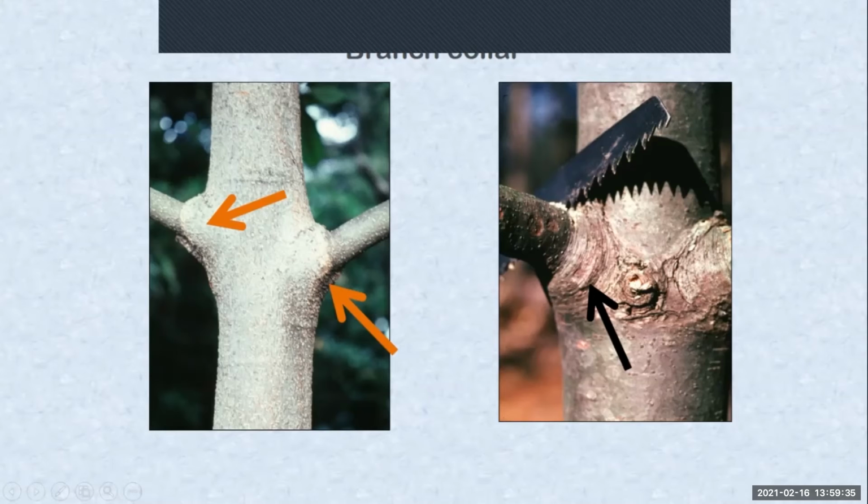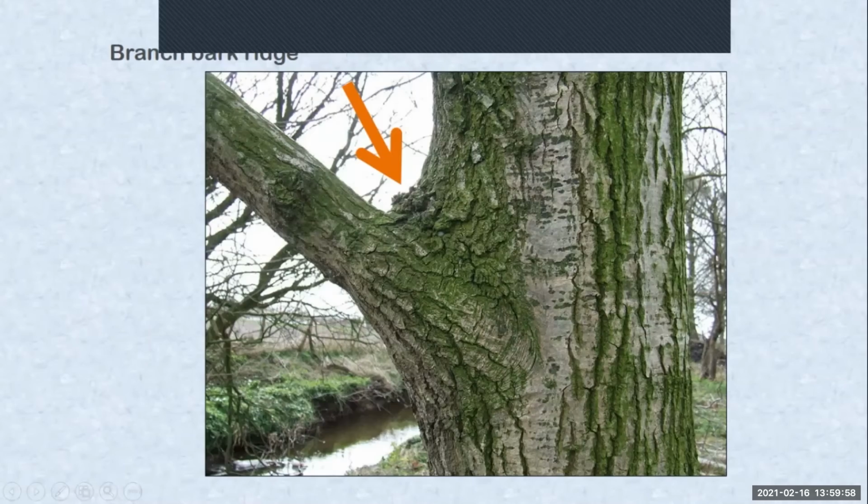That wood is layered over each other year after year so that you have a nice, strong connection. A branch collar is often a swollen area that is wrapping around the branch. You can see these branch collars here, and in this last picture you can see a swollen area right in here, which indicates the branch collar as well.